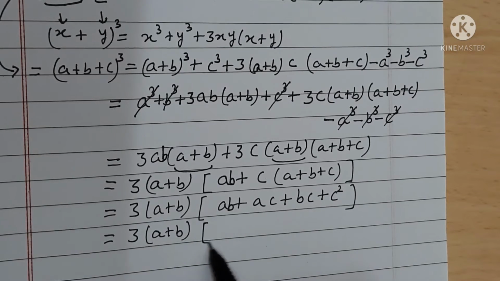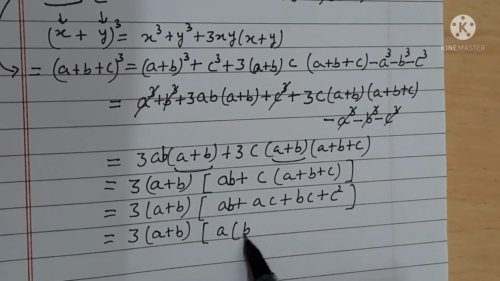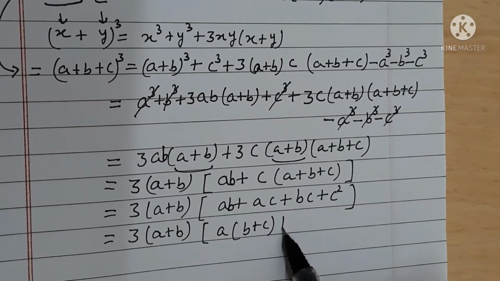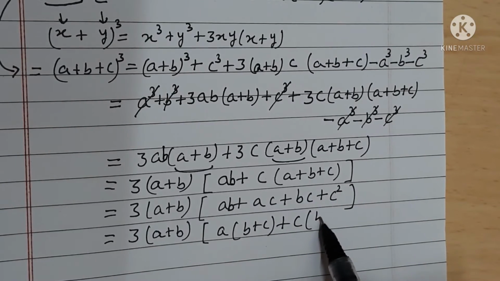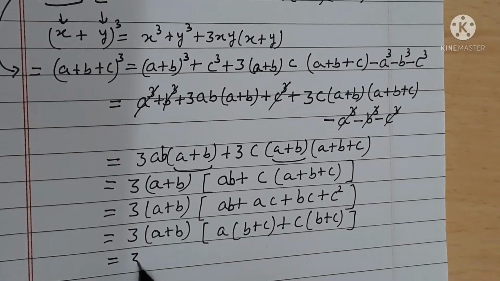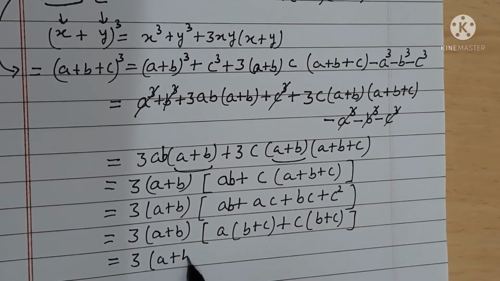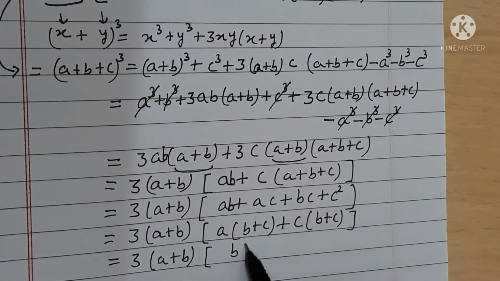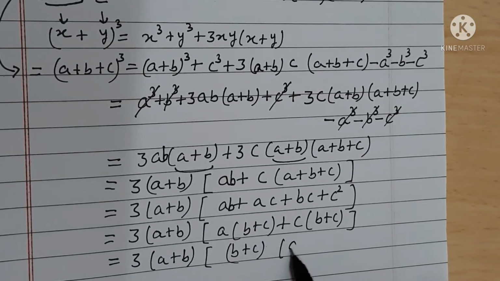So you can take a as common factor and b plus c. Here you can take c common and b plus c. Now you will get your answer, a plus b and b plus c common. So the other part will be a plus c.